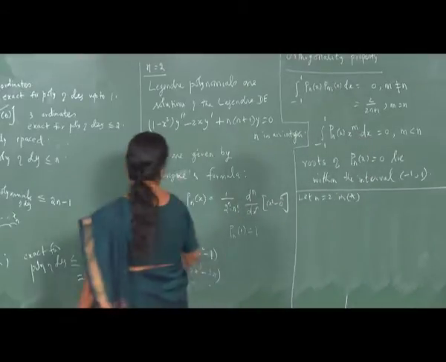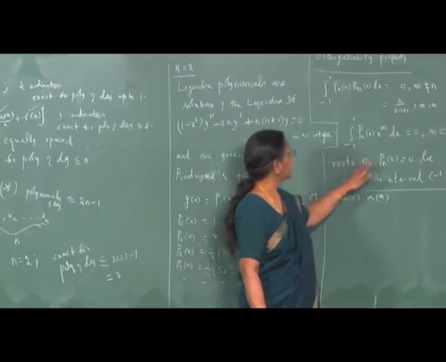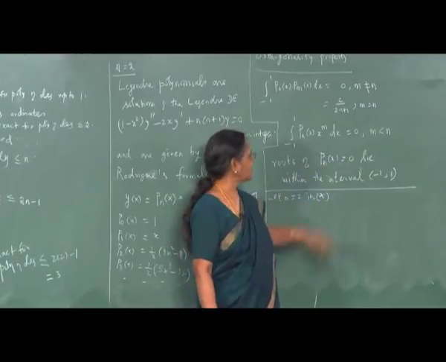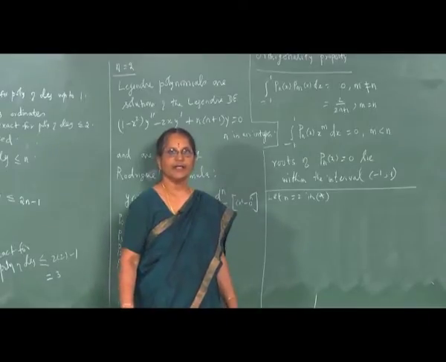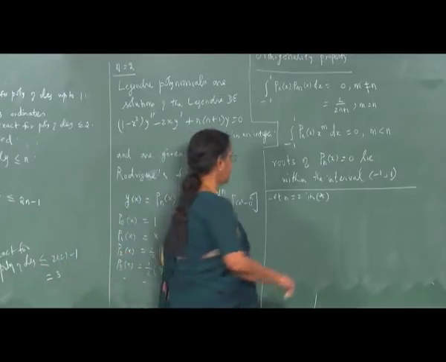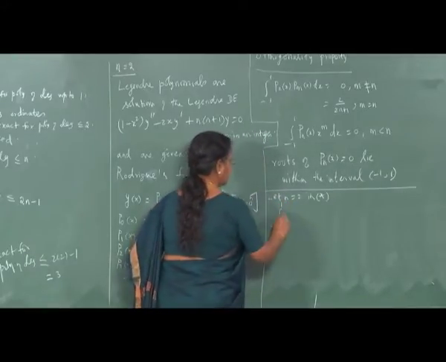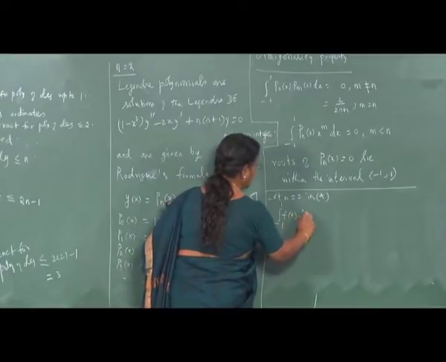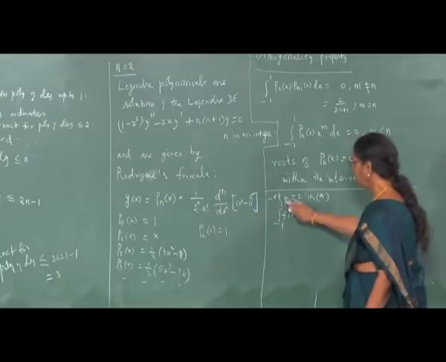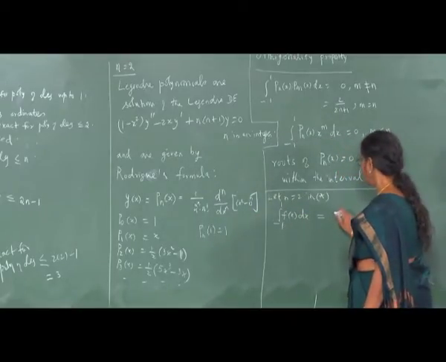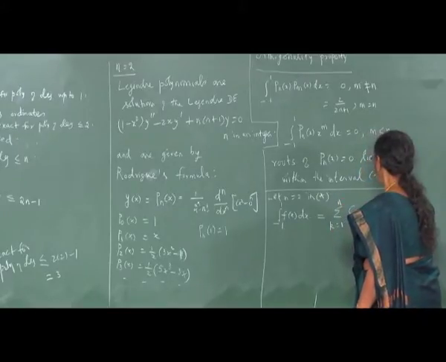Since I know that the roots of the Legendre polynomials Pn of x equal to 0 lie within the interval minus 1 to 1, Gaussian integration methods have been derived for integral minus 1 to 1 f of x dx. So, we seek an integration method such that integral minus 1 to 1 f of x dx is sigma k equal to 1 to n c k f of x k.